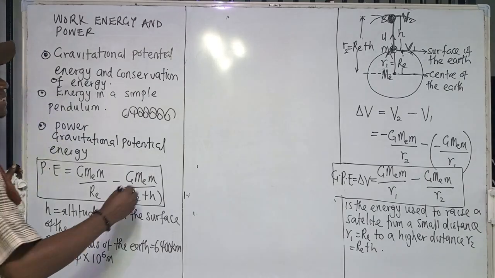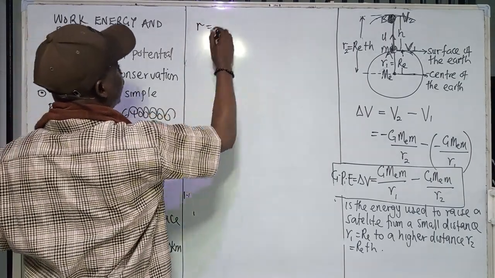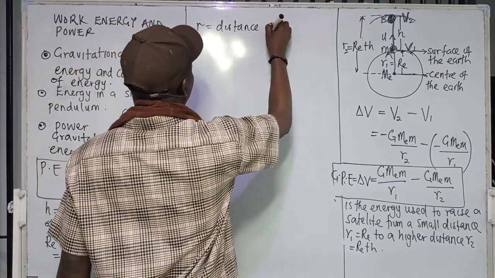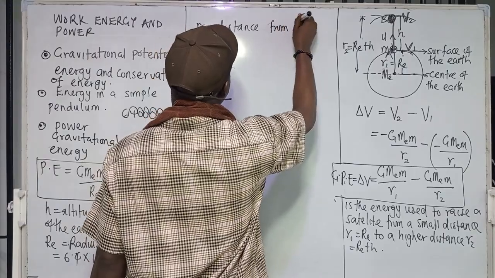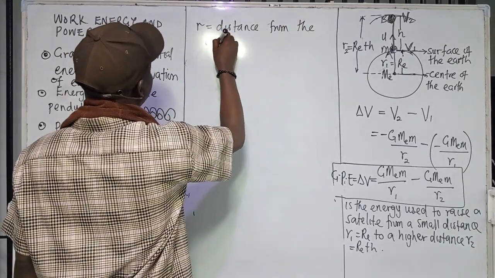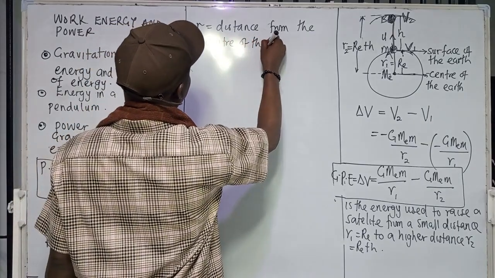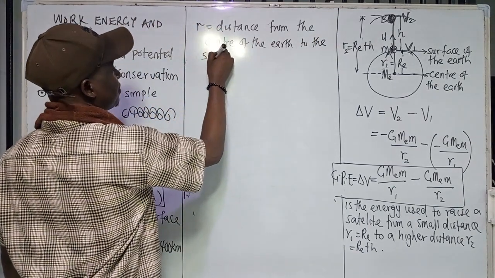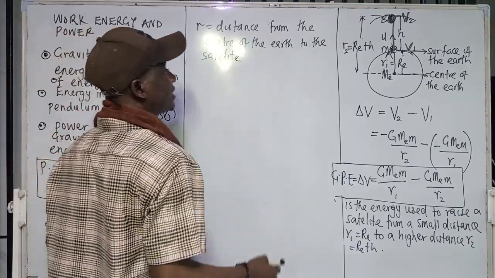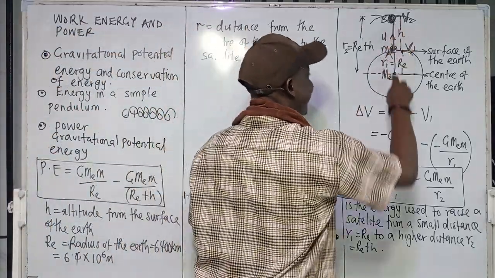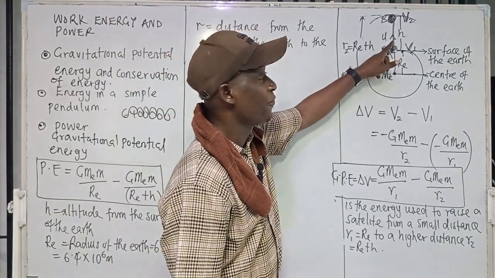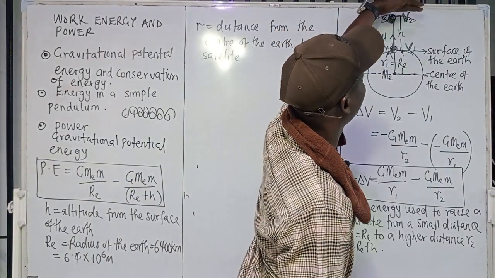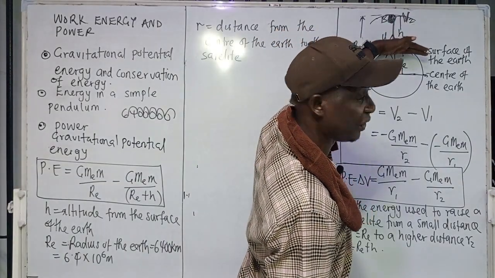Now, what about R? R is the distance from the center of the earth to the satellite. So the orbit or the satellite has a distance from the center. Anytime they measure gravitational field from the center, people always mix it up. Altitude is measured from the surface.